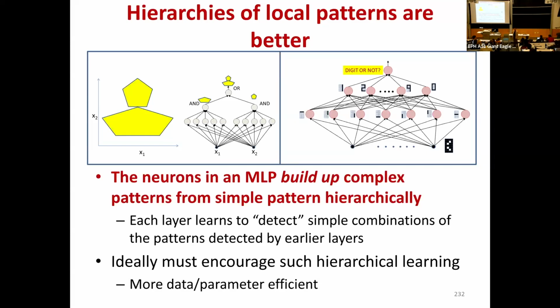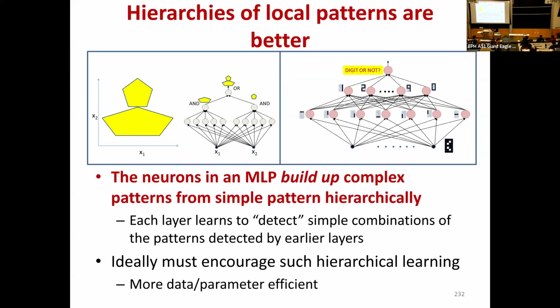Did we try to build the pentagon all at once in the first layer? That ended up requiring a tremendously large number of neurons, correct? So how did we do it? We had the first layer neurons detect individual edges, and the second layer neurons combine them into subparts, and then we combine those subparts into the whole.